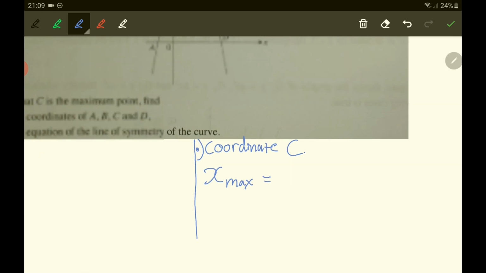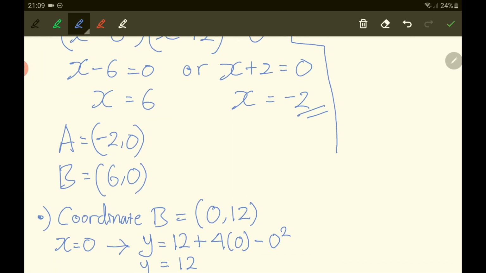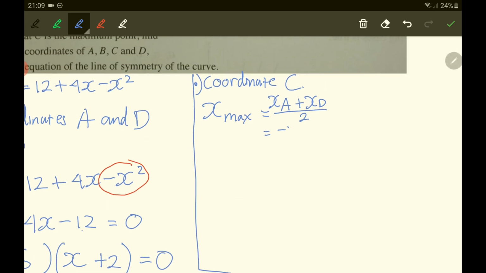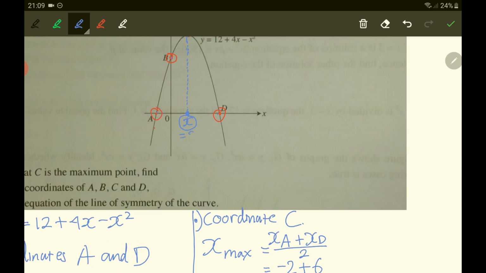So in coordinate A, this is minus 2 and D is 6. So minus 2 plus 6 divided by 2, so we get 4 over 2, which is 2. So the x max, the x coordinate here, is equal to 2. That's simple.